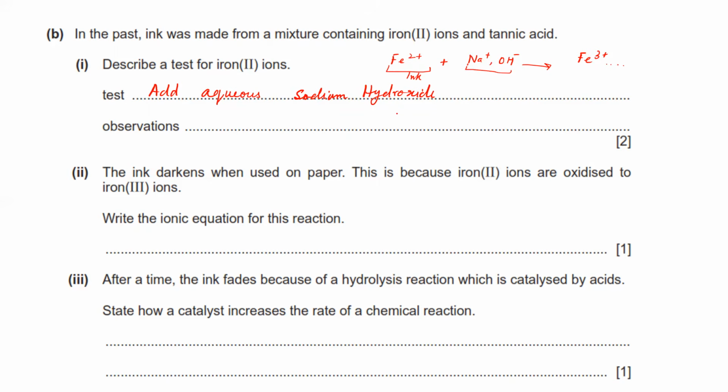So you can say greenish. Remember, iron 2 positive is reddish brown in color, iron 3 positive is greenish in color. So we have a green precipitate of Fe3 positive salt, or iron, whatever you can call it.